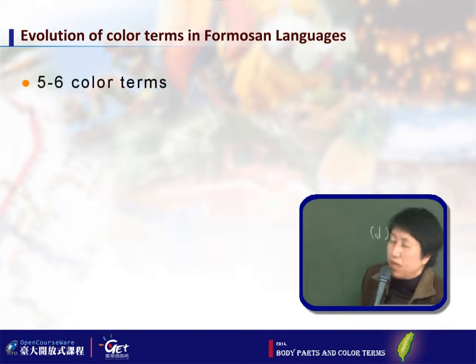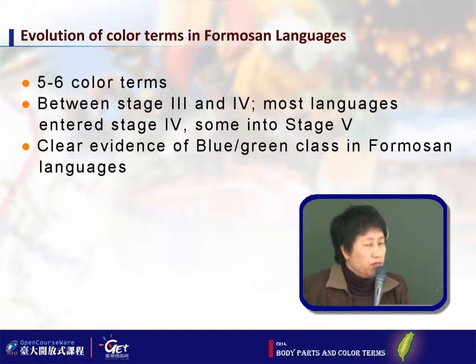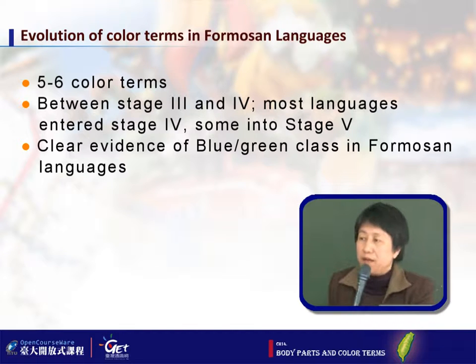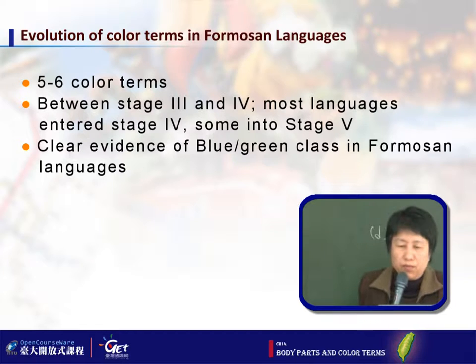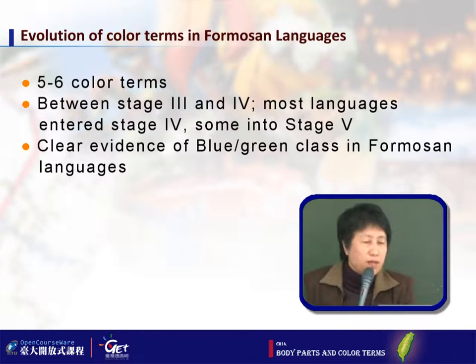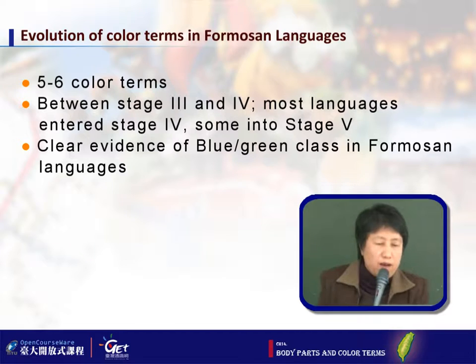The evolution of these color terms in Formosan languages shows that there are 5 or 6 color terms. Most of the languages will have 5 or 6 color terms, and the stage is between the 3rd and 4th stage. Most languages already enter stage 4. Some even into stage 5.